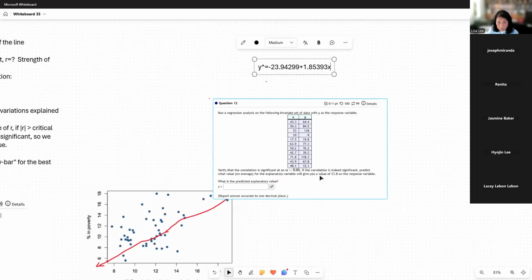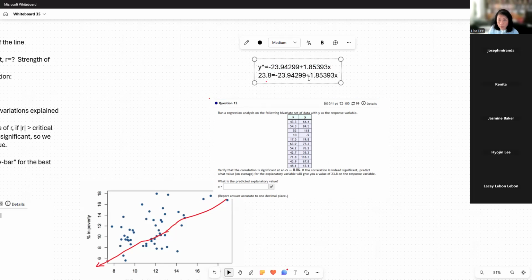Then the problem says we are given a value of 23.8. So you need to replace the y hat by 23.8. Copy that whole equation here and solve for x. It's just like an algebra question.